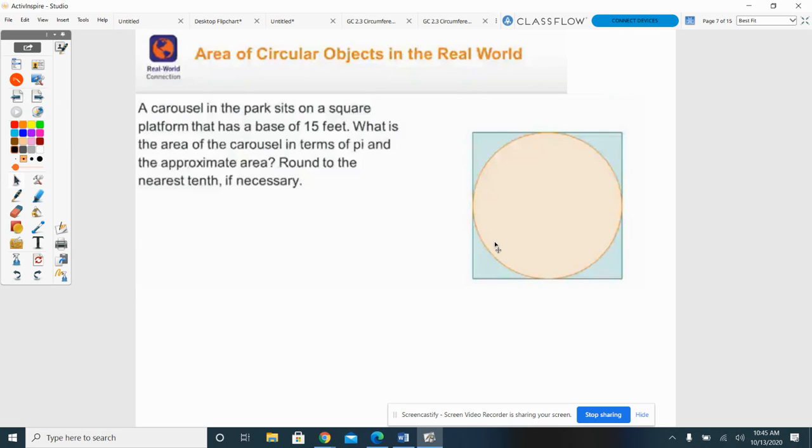This is fun. So there's a carousel and it's on a square platform. The base of the platform, which is really easy to measure, is 15 feet. And it is a square, so that makes this 15 feet also. They want the area of the carousel. Well, they didn't tell me what I needed to know. I know the formula for area of the carousel is pi times r squared, which means I'm going to need a radius, but I don't know a radius.